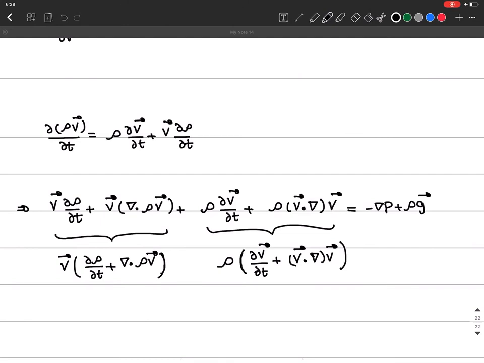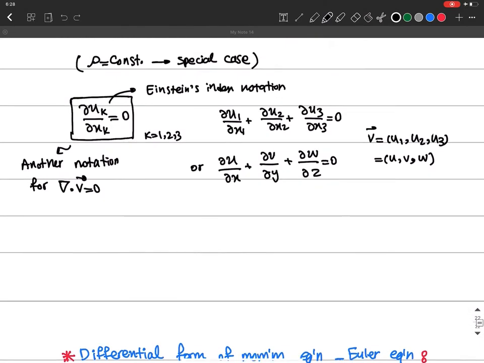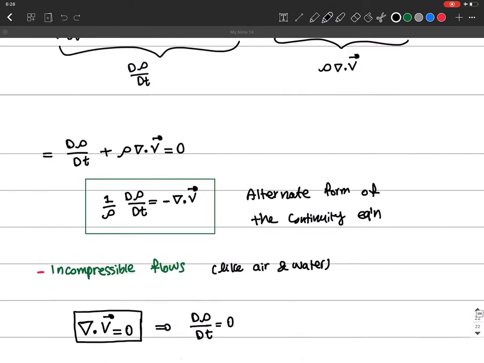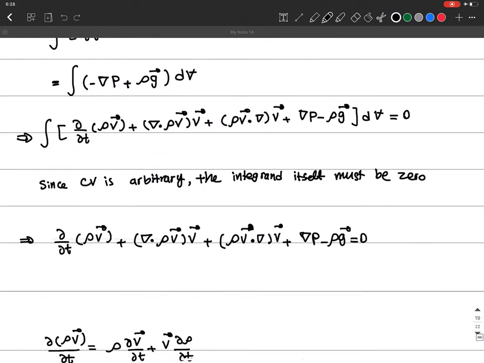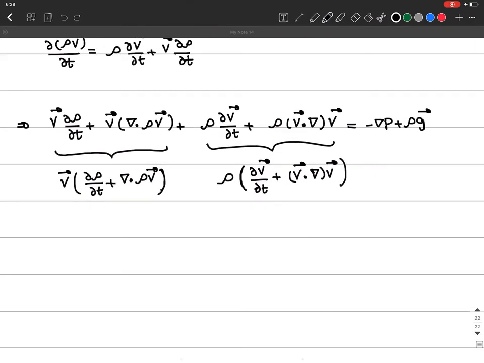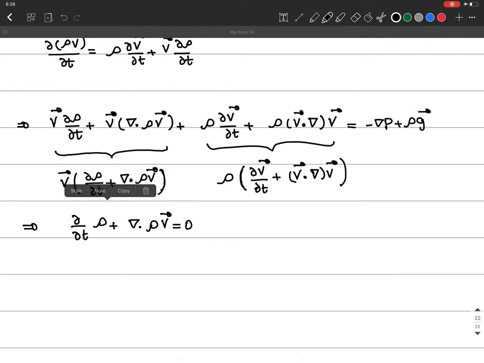Okay. So let's see what is this. Does this look familiar to you? What do you think? This is the continuity equation. Look at it. It's exactly the continuity equation on the left-hand side, right?